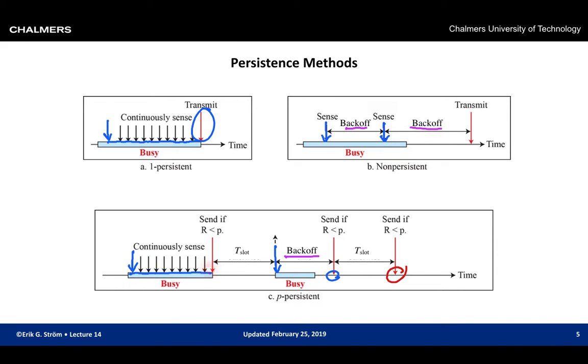In some books, this is explained so that we sense; if it's busy, we wait a t-slot, or we do a back off and then sense. If it's idle, we flip a coin. If it's not idle, we do back off. So there are several variations of this if you look in the book. I don't have a very good explanation, except that this is the way it's been chosen in the book.